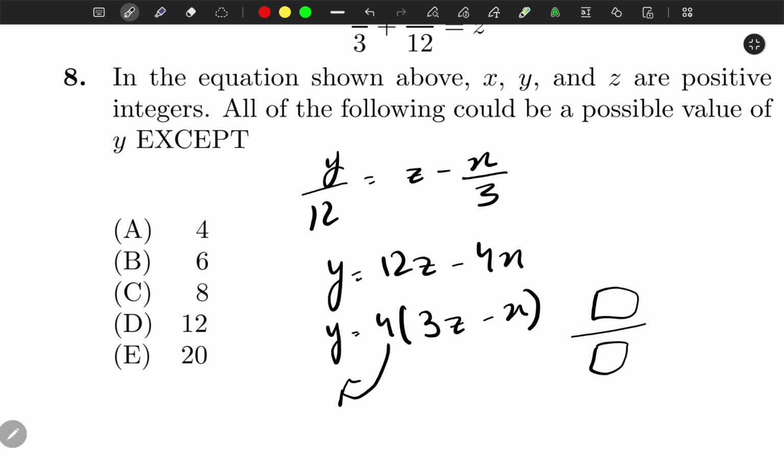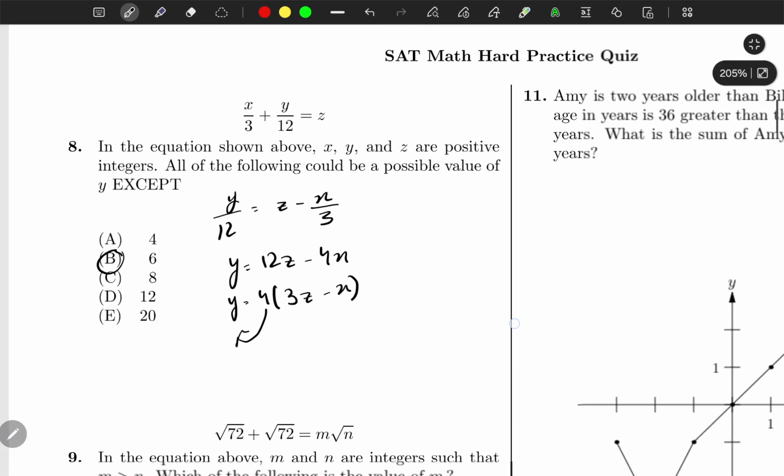And we don't really want that. And if you look at the option choices, this is a multiple of 4, so is 8, so is 12, and so is 20. The only one that's not a multiple of 4 is 6, so it's probably going to be the answer. And yeah, that's pretty much it.